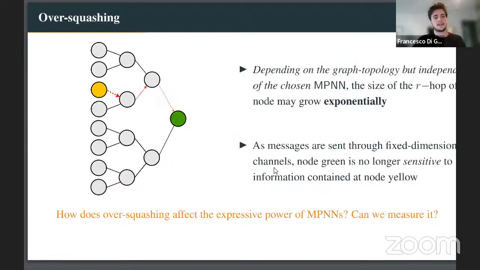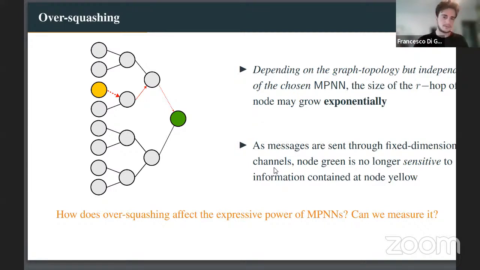The second problem is the one of oversquashing. Now, oversquashing has been first studied in the context of graph neural networks, at least by Alon and Yahav, who showed, mostly empirically, that if you have a graph and a simple task where you want to effectively send information from a source node to a target node, then the model will most of the time fail to solve such a task as soon as the receptive field of the source node grows too quickly with the hop distance.